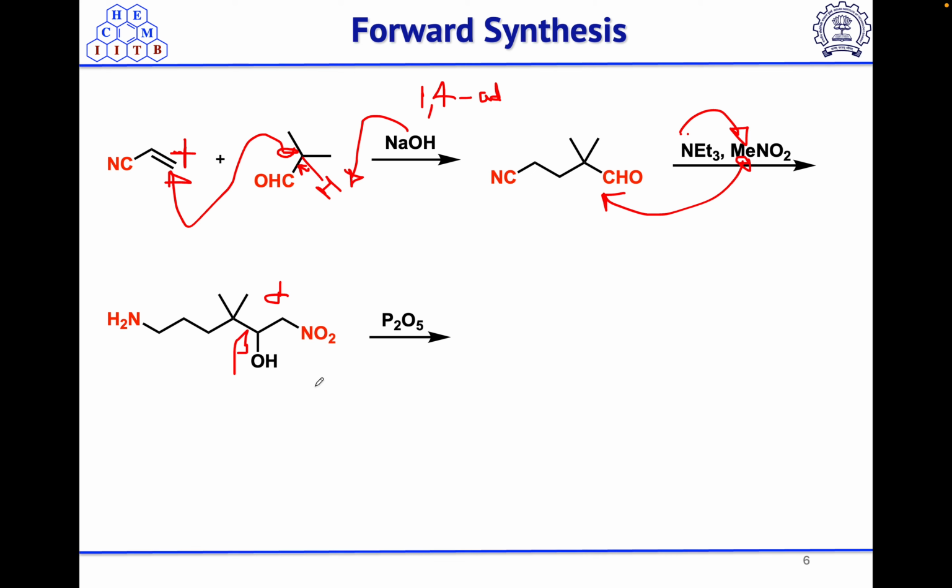Okay, so what will happen in the next step in presence of a dehydrating agent? If you have any hydroxy group in your compound, it will undergo dehydration.